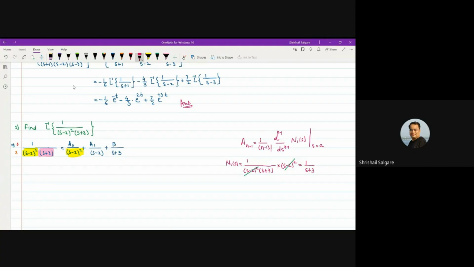I think it is clear. Now in short, if you close this s minus 2 factor, the remaining one is this. Now in this formula, you have to put n is equal to 1, where a naught is given by, means in this formula, put n is equal to 1. 1 upon, tell me, 1 minus 1.